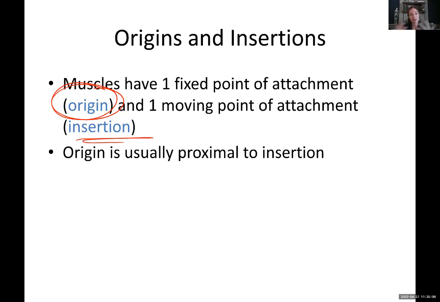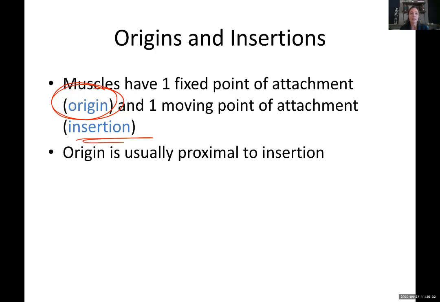For us, because it's a combination, we drop off some of the information. I don't require you to know the origin and insertion. However, sometimes we'll talk about them, and you may find it useful in your studying, not to memorize for a test, but to understand what the muscle does.